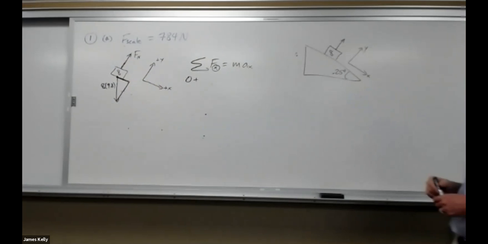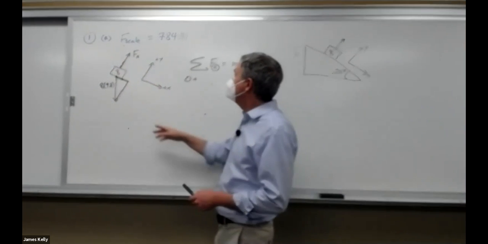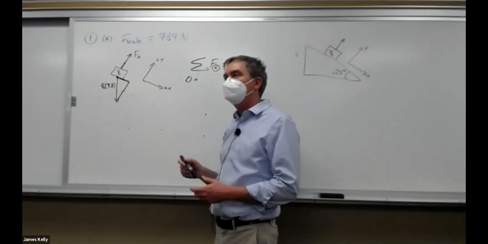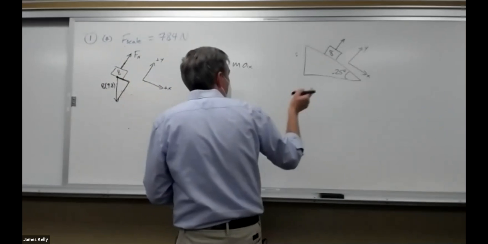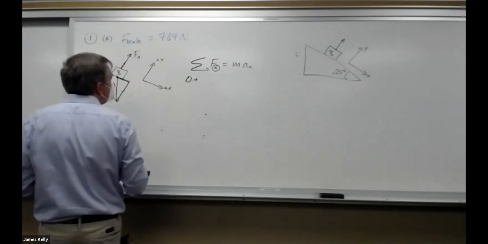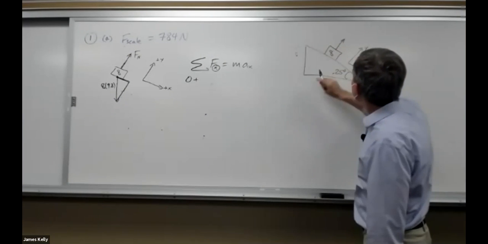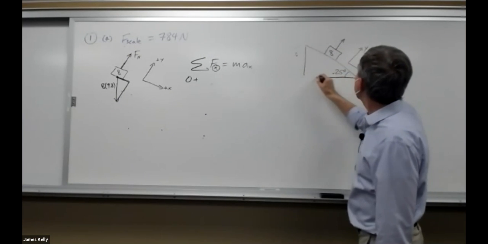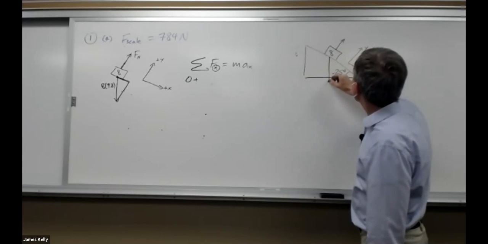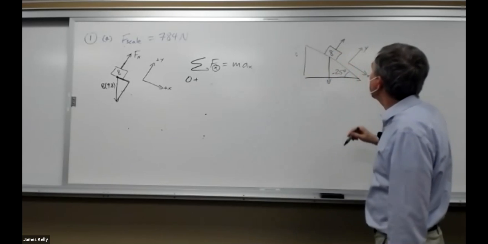But do I know any angles in there? And the answer is kind of yes. We haven't used that 25 degrees. Let me just try to draw the relevant things over here. I didn't do the best job of drawing something horizontal there, but here's my force vector going down.